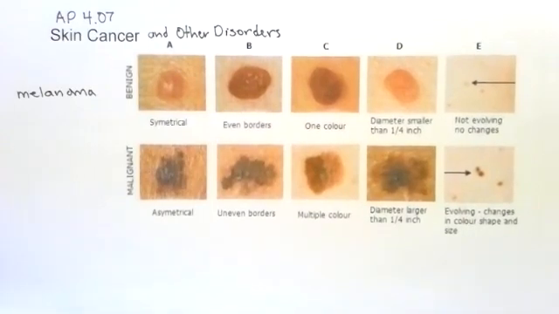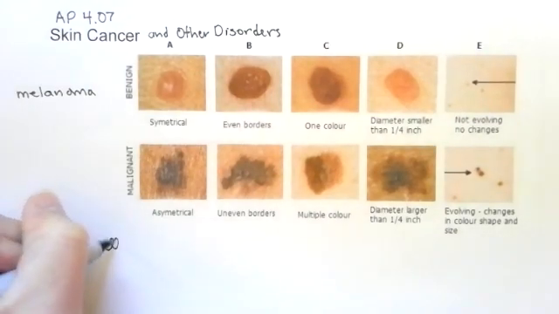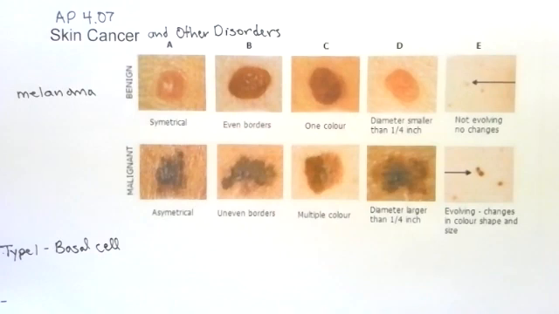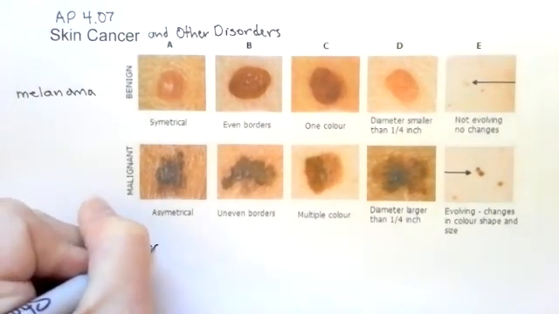To start off with, we should point out the other two types of skin cancer. Type 1 is basal cell carcinoma. Oma is tumor, and carcino is cancer, so I think cancer tumor is what it translates to.